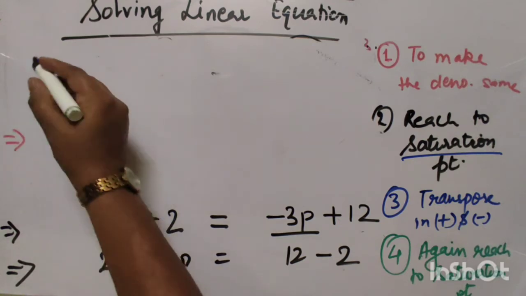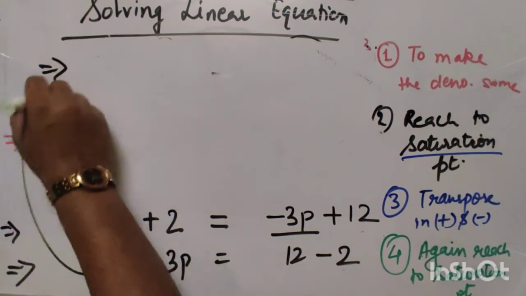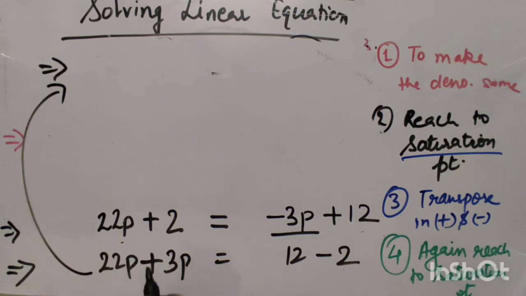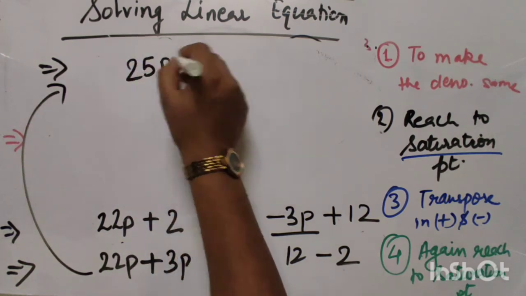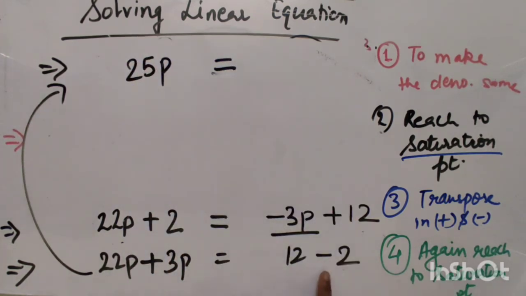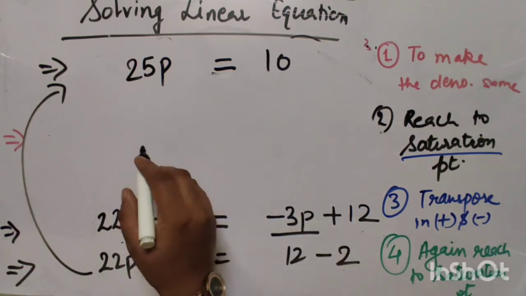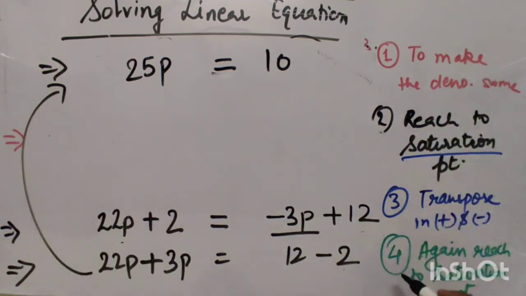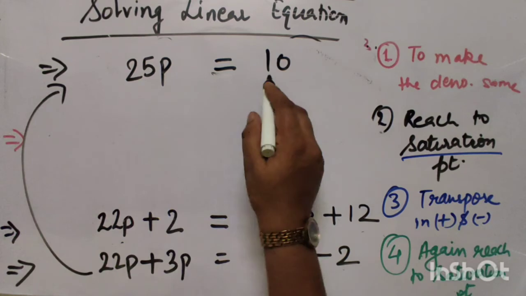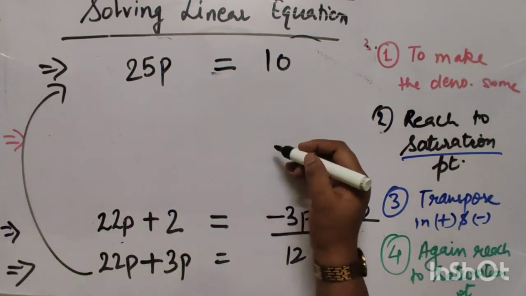Now, 22p plus 3p will become 25p equals 12 minus 2, which becomes 10. Now we have reached the condition when no more calculation is possible.